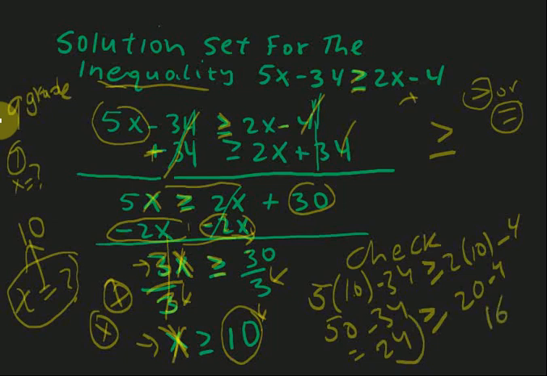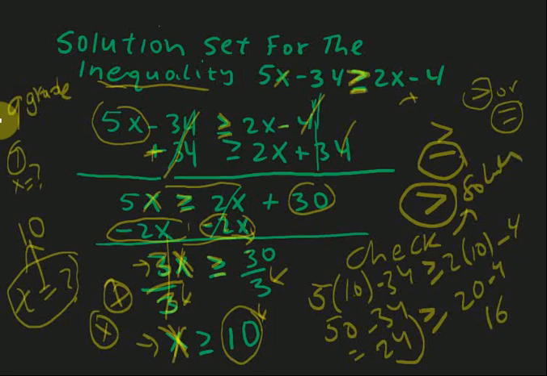So what we're going to say now is it's not equal, it's greater, right? The solution is greater, but it says here 5x minus 34 is greater than or equal.